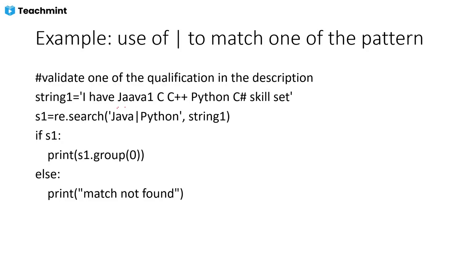I'm just looking for whether they have Python knowledge or Java knowledge. Here my input is I have Java, C++, Python, C# skill set. I'm looking for the Java skill set or the Python skill set. Here the Python skill set is there, so I'll choose this particular applicant. If the match is there, it returns true. If true, then I can return the match. It has the shell script. Otherwise, something else.